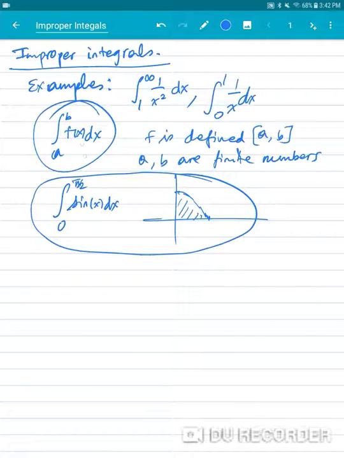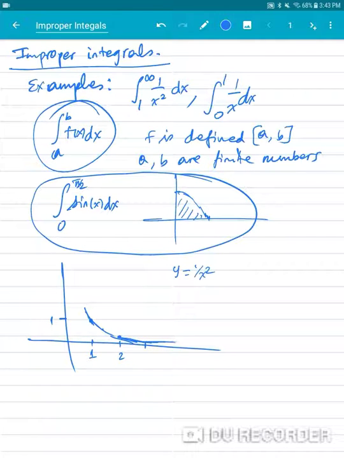But now we're dealing with integrals that have infinity as one end. Why do we do that? Well, the idea is this. If you have the function y equals 1 over x squared, when x is 1, y is 1. When x is 2, y is 1/4. When x is 3, y is 1/9. So the graph approaches 0 as x approaches infinity.